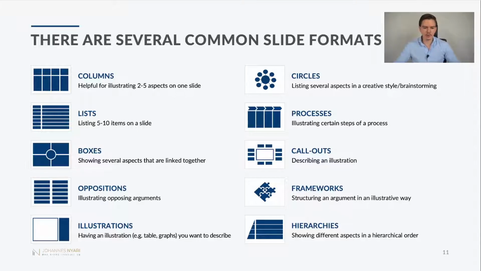So the first one I want to talk about is columns. This is helpful, especially if you want to illustrate 2 to 5 aspects on a slide. I use that very often if I talk about different parts, for example. We just talked about the profitability analysis that we did in our example project. There, for example, we could talk about 4 main regions, okay?